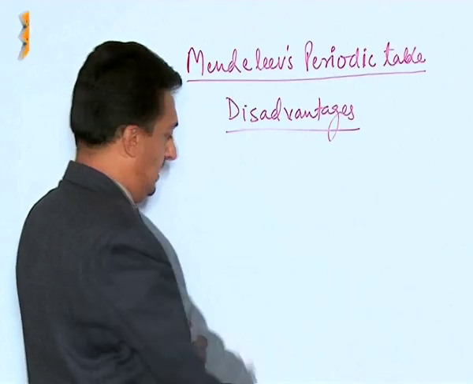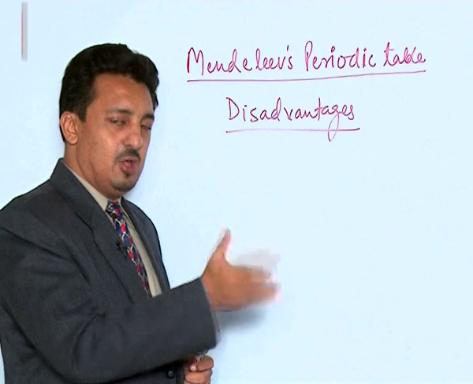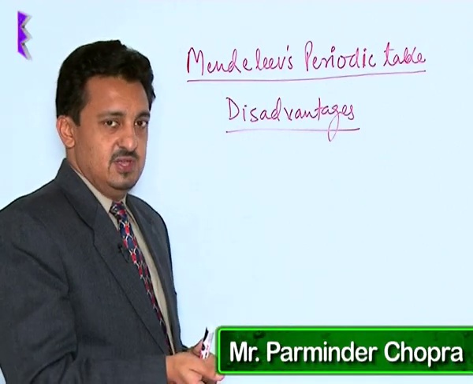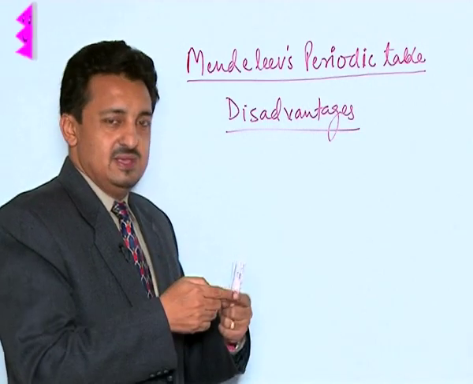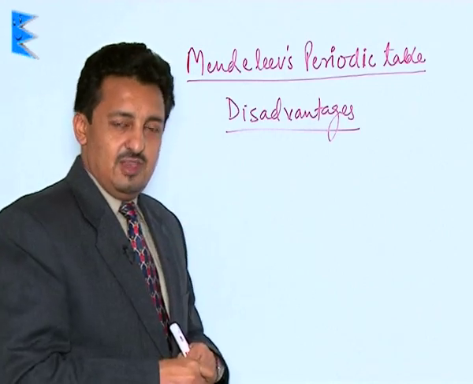Then he placed elements with higher atomic masses before elements with lower atomic masses. So on his own, he didn't follow his system of arranging the elements in the increasing order of their atomic masses.